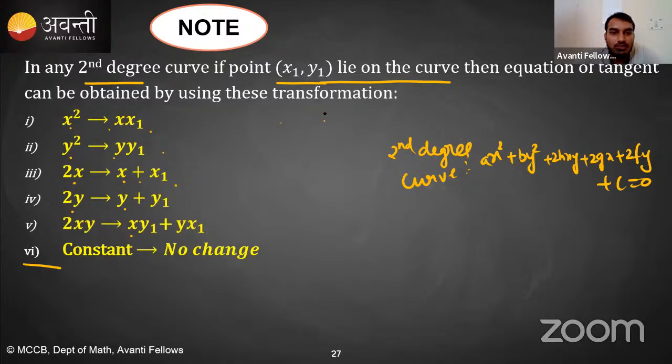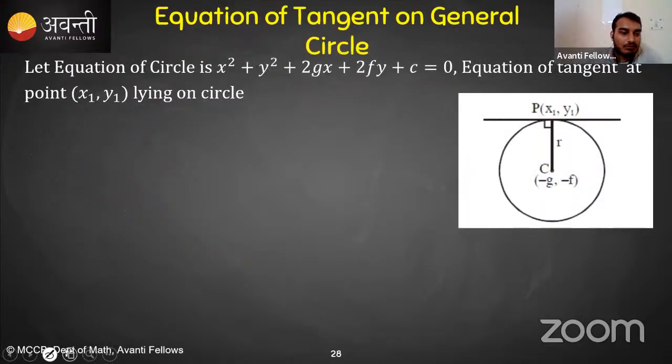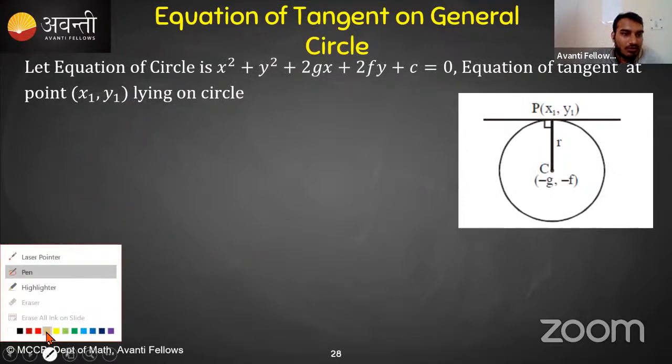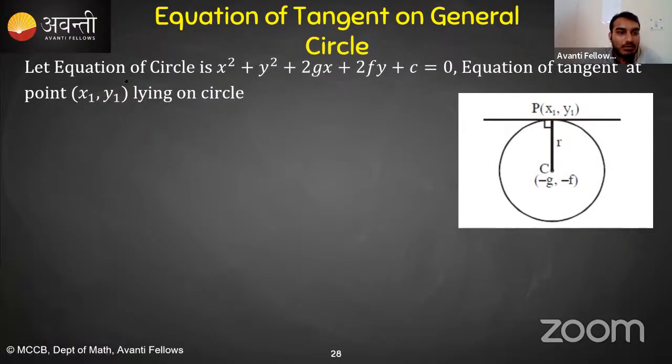Now if I want to find the equation, let the equation of the circle be x square plus y square plus 2gx plus 2fy plus c is equal to 0. This is the circle. We want the equation of tangent at point x1 comma y1 lying on the circle.